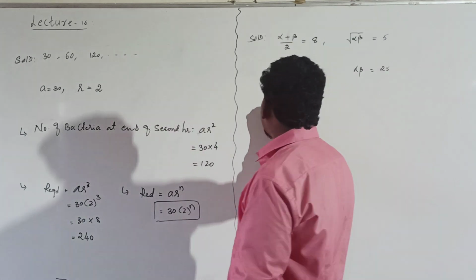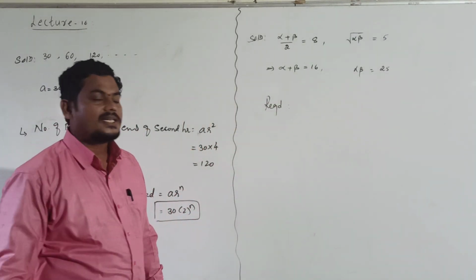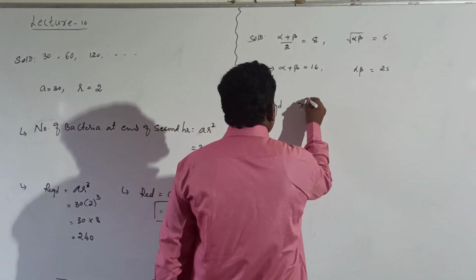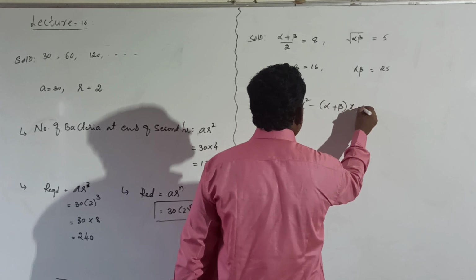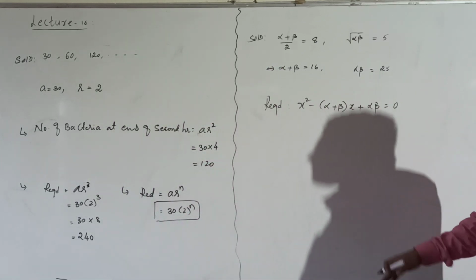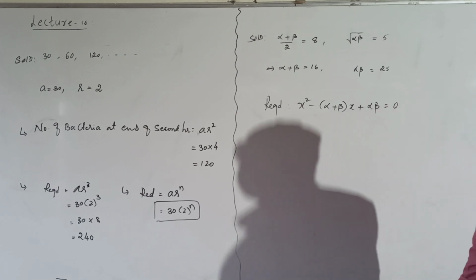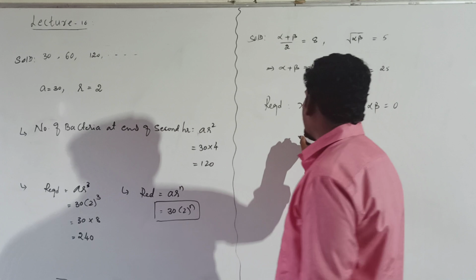Now the required quadratic equation: if alpha and beta are the roots, then x square minus sum of the roots into x plus product of the roots equal to 0. It is the standard form of the quadratic equation.